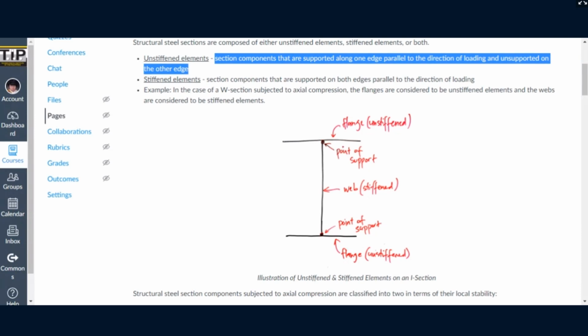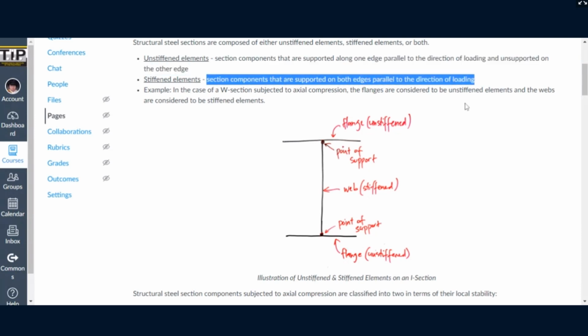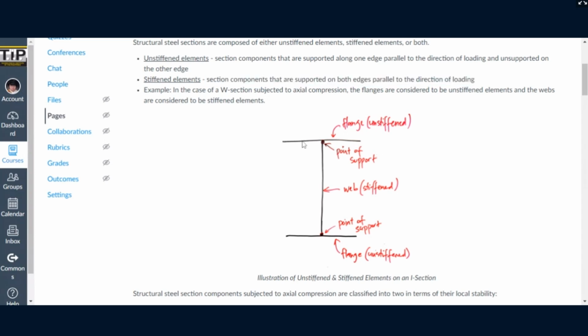Okay? When we say stiffened, it is supported on both edges. In the case of a section, the web, so that differentiates the two elements. Okay, so important because the presence of unstiffened elements actually increase the susceptibility of the section to local buckling.